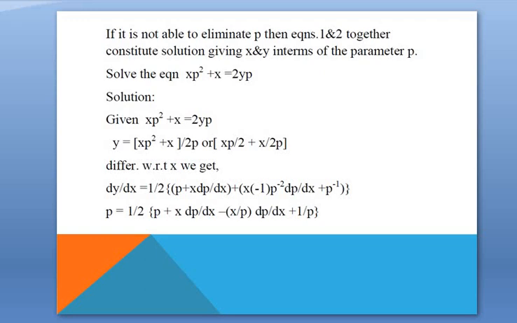By differentiating this, we have x into minus 1 p power minus 2 dp/dx plus p power minus 1. That is, dy/dx is replaced by p. We have p is equal to 1/2 (p plus x dp/dx) minus x/p squared into dp/dx plus 1/p.